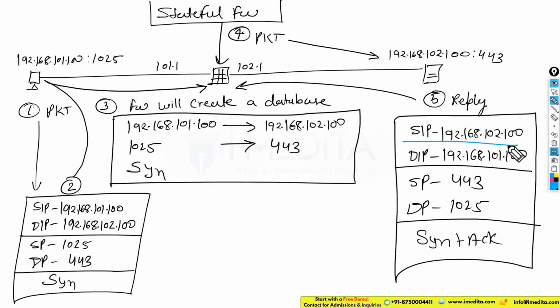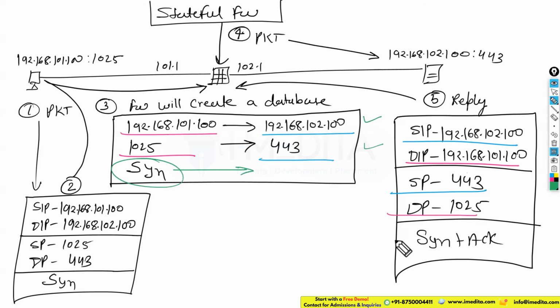The firewall will check 102, 102, port number 443, 443, going to 101, 101, dynamic port number 1025, matching. Here, layer 3 information is matching and layer 4 information is matching. The client initiated SYN and the server is giving SYN plus ACK.